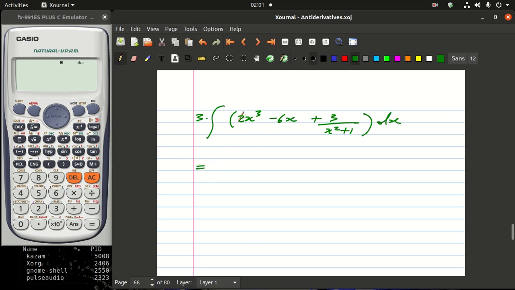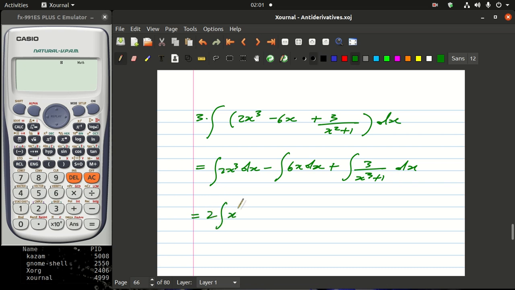So once you are having this, you will find out that I can deal with this one because I want to have 2x cubed dx minus this. I have 6x dx plus this. I have a 3 divided by x squared plus 1 dx. The next thing here is this. Pull out the constant.